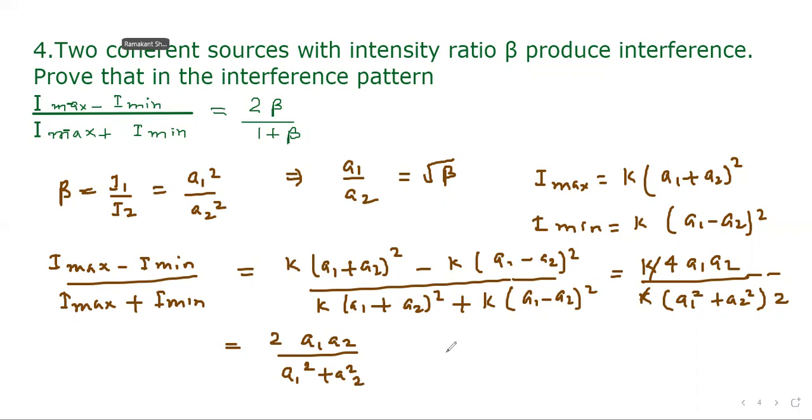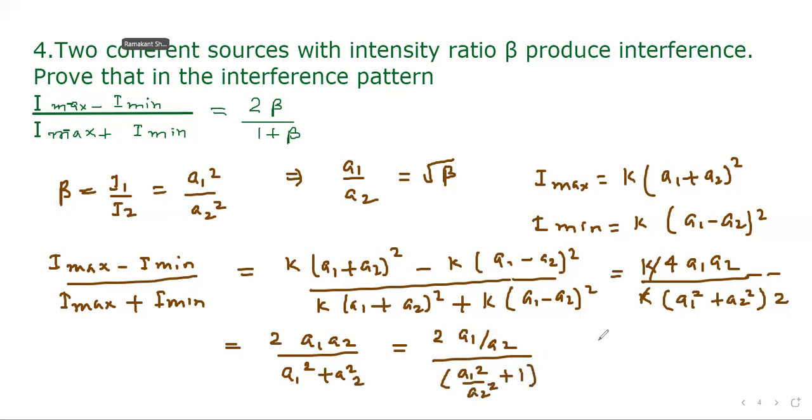Now we divide each term by A2 square, numerator and denominator both. So twice of, when we divide by A2 square, we will be left with A1 upon A2, and here this will become A1 square divided by A2 square, and this will become 1.